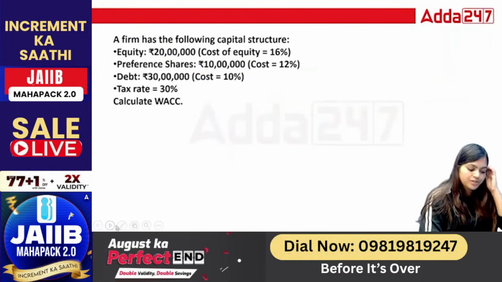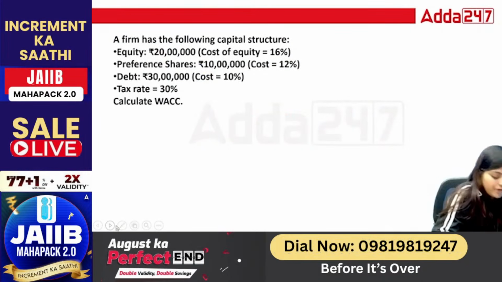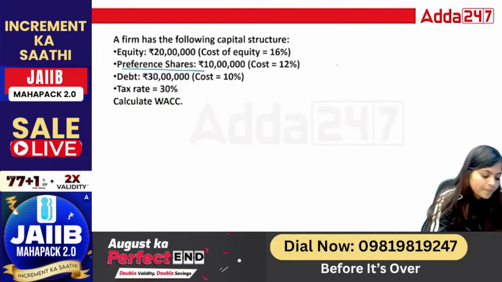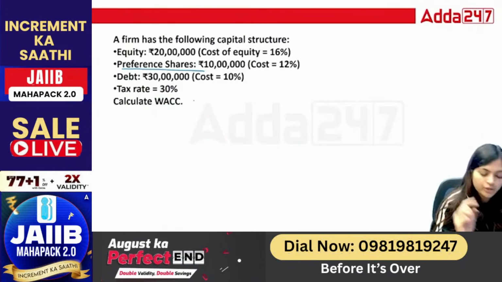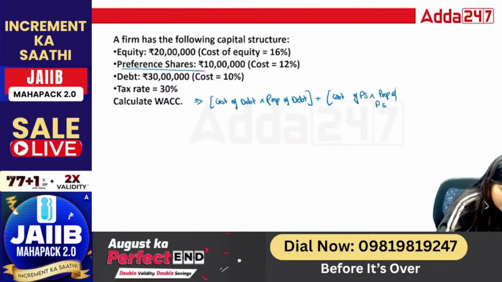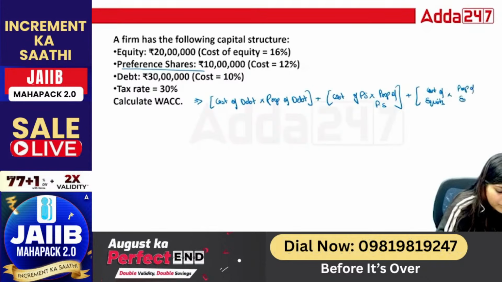Now one question is homework for you. Just remember here we have the preference shares. This is one of the ways through which you can borrow the amount. So this is your homework question. I'm giving you the formula, you just need to put the amounts. Cost of debt into proportion of debt plus cost of preference shares into proportion of preference shares plus cost of equity into proportion of equity.